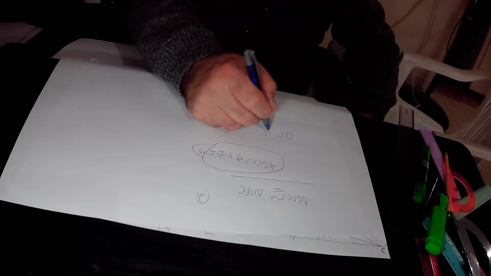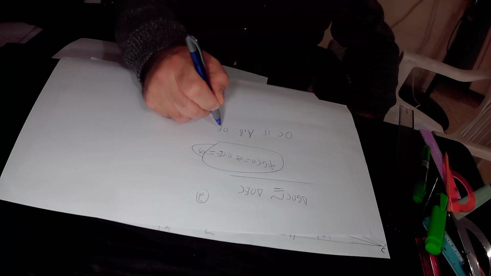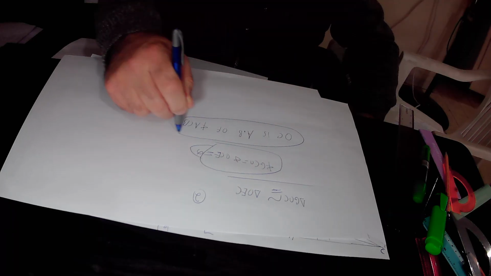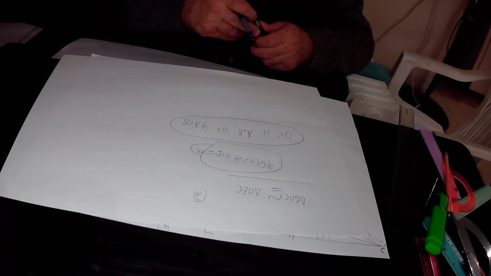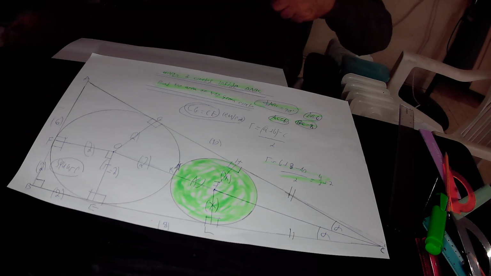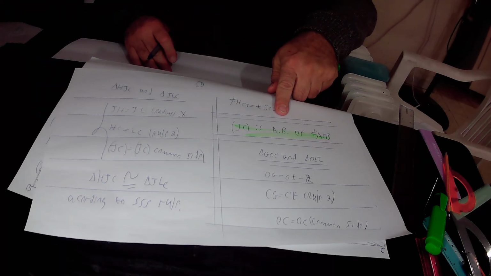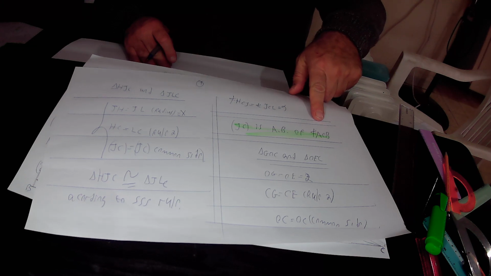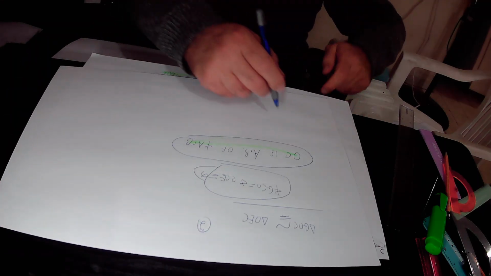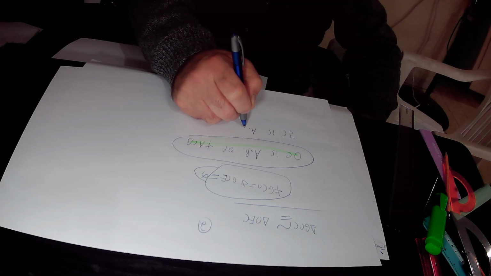OC is an angle bisector of the big angle ACB. But we already found out that JC is also an angle bisector of the same big angle ACB.